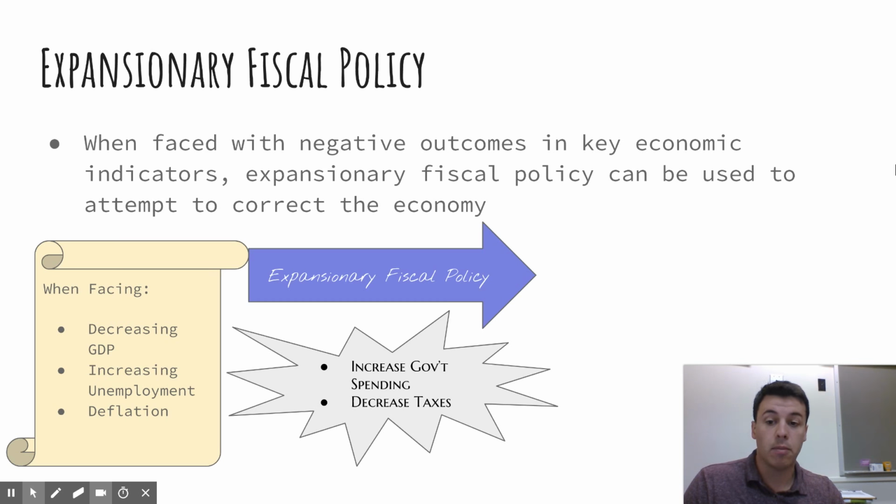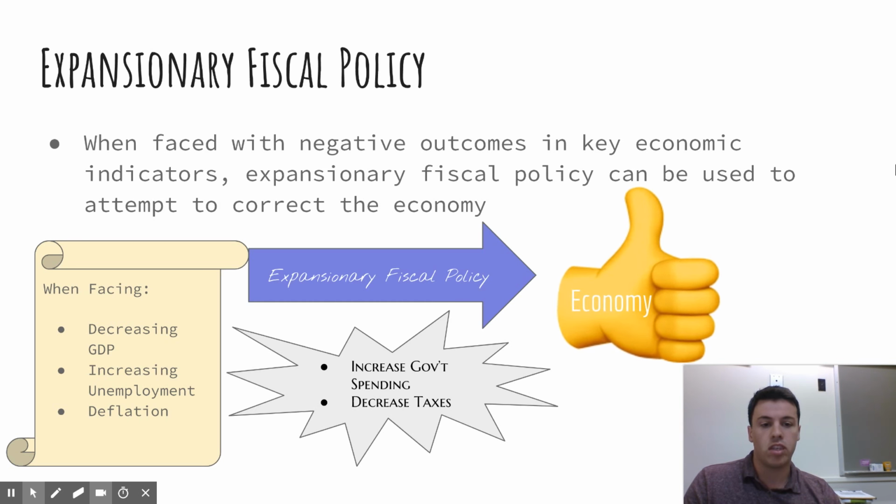In theory, you enact these policies, you deficit spend at this time to impact the economy in a positive way, and in the end we're going to see an improved economy as a result. Again, this is very much an ideal situation. It's never this simple when it's done in reality.